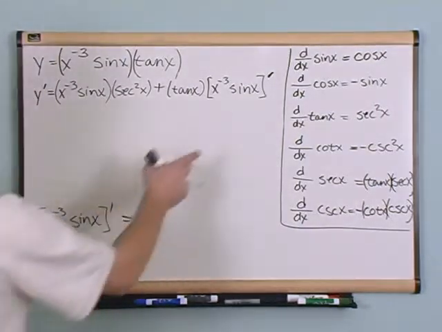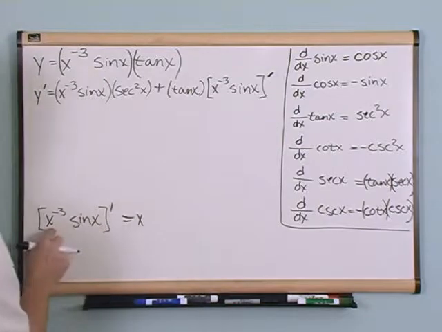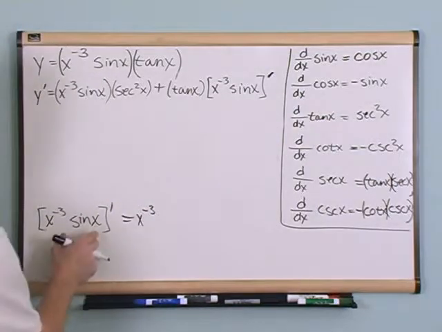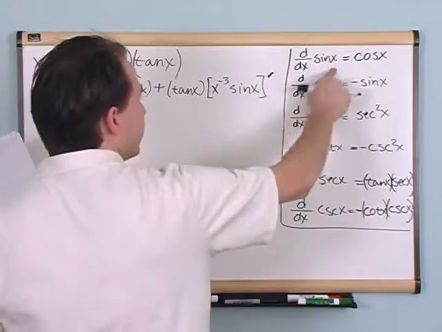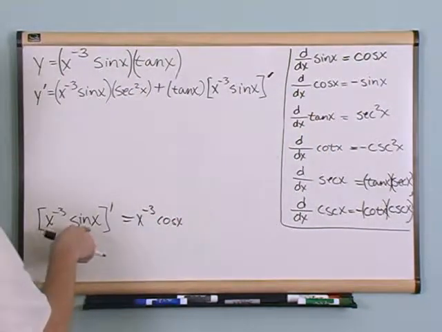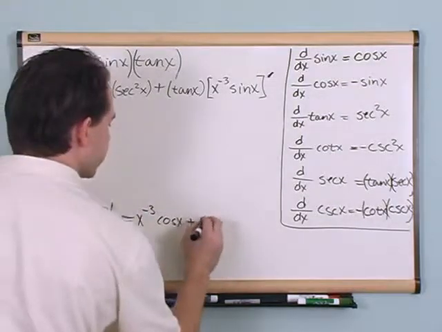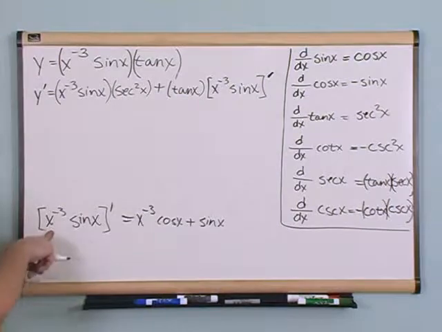Okay, so what we want to do now is work with this term and find the derivative of that. So we've got the first term here is x to the minus 3 times the derivative of the second. Derivative of the second term is just cosine of x. First times the derivative of the second plus the second, which is the sine of x, times the derivative of the first.